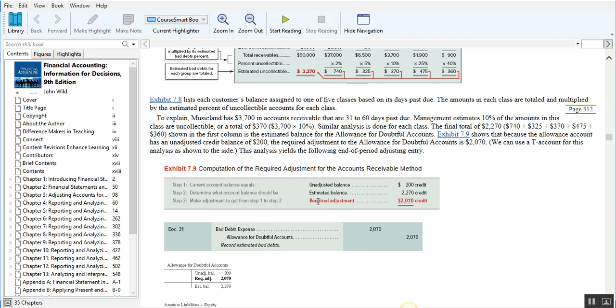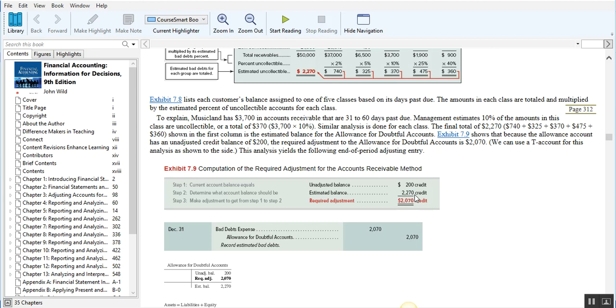This is what you're saying the allowance for doubtful accounts should be. So when we look at it, we're going to say, okay, based on this example we've been working with, we have a $200 credit in the account. We're going to compare that to the calculated estimated balance we think should be there. And we have 2270 credit we calculated.